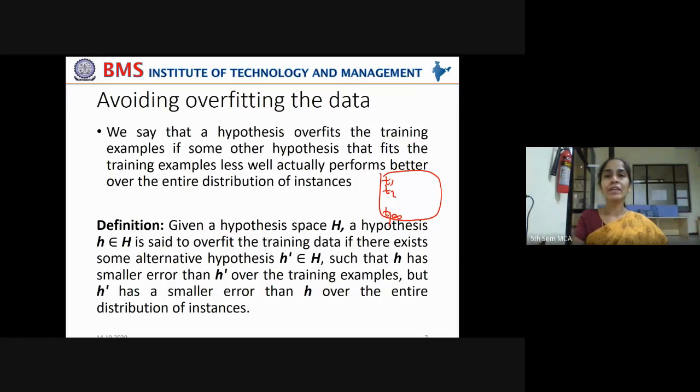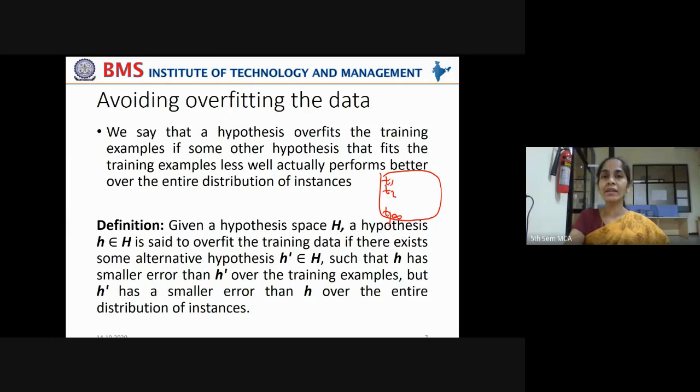Now, whenever you're testing your model, you have to divide the data into two parts, training set and test set. Normally one third of the data set is taken as test set and two-thirds of the data set is taken as training set.